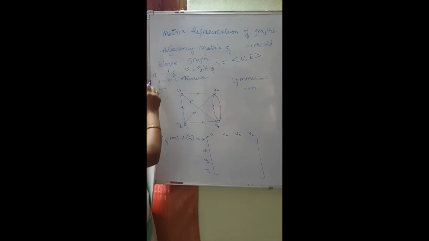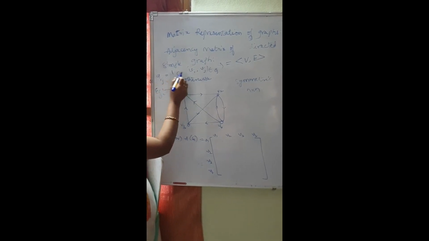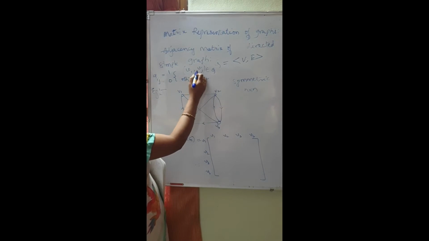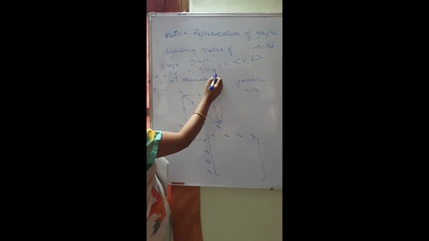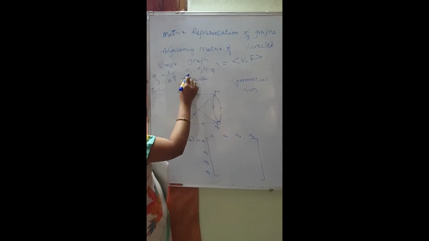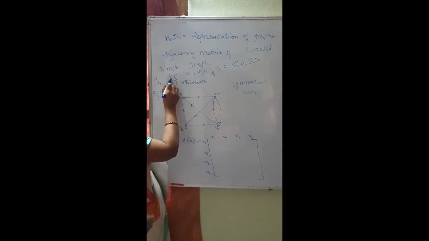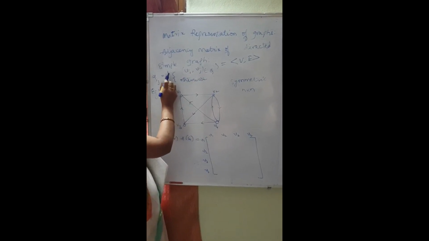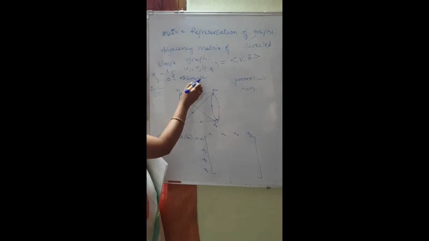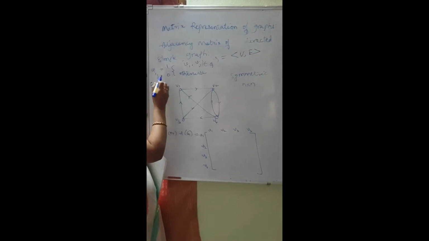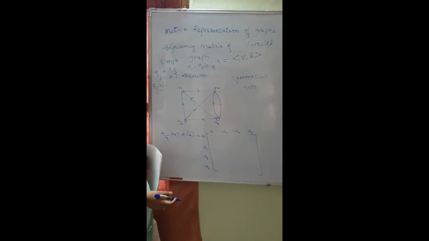Each element Aij is equal to 1 if the ordered pair Vi, Vj belongs to G. That means if there is an edge from the vertex Vi to the vertex Vj, then we put the corresponding entry in the matrix as 1. If there are no edges, then we represent that element as 0.